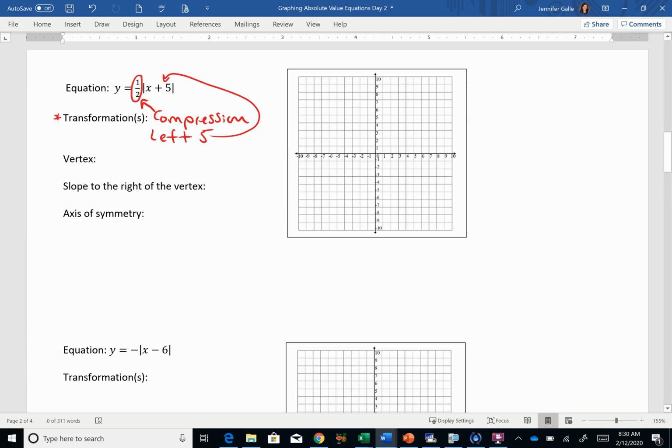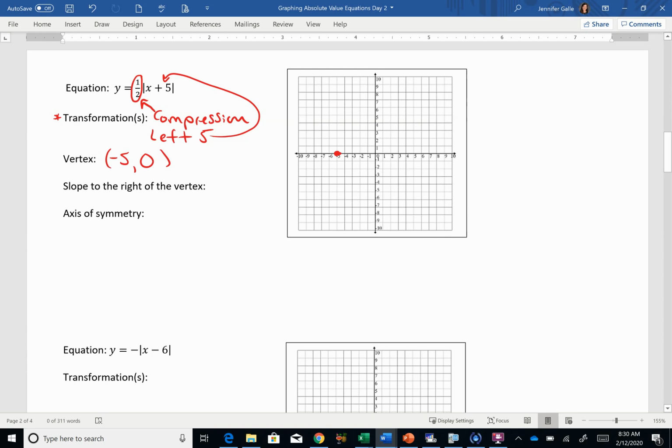From there, I'm able to pick out my vertex. I know my graph moves to the left 5. So if you need to plot that first, 1, 2, 3, 4, 5, and then write your vertex, you can. So if I move to the left 5, that vertex point is now at (-5, 0).